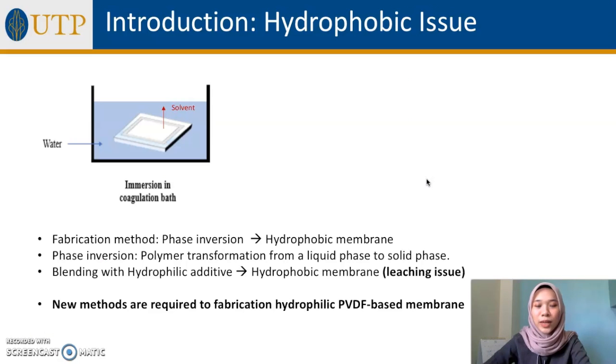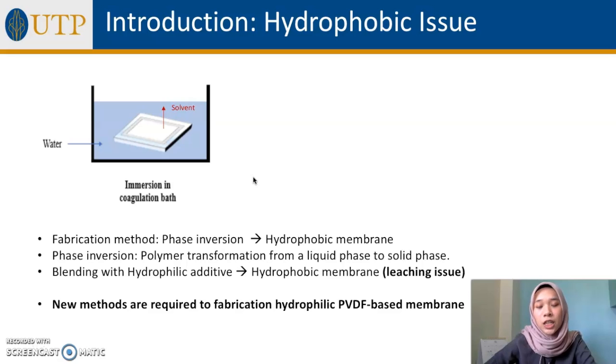One of the widely used methods for surface modification of PVDF membrane is phase inversion, where the polymer in liquid phase is transformed to a solid phase, as shown in this diagram. This method is widely used because it is very simple and does not consume much time.